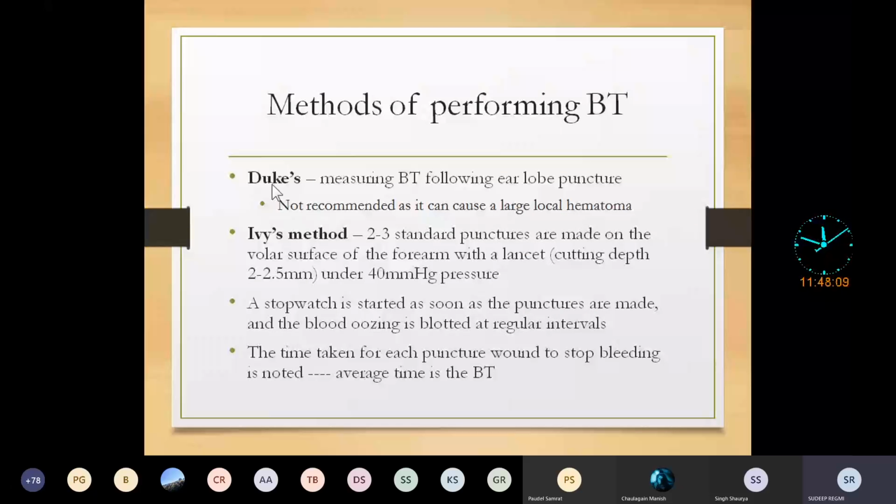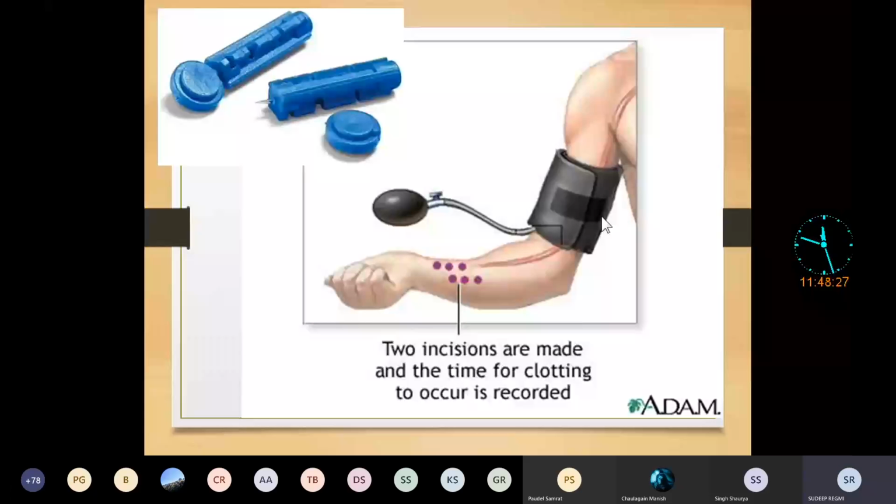And there should be a constant pressure of 40 millimeter of mercury. For that we use a sphygmomanometer, which is used for blood pressure measurement. So we keep it at 40 mmHg. After keeping it at a constant pressure of 40 mmHg, we make 2 to 3 incisions or pricks with the help of the lancet, and a stopwatch is started as soon as the puncture is made.